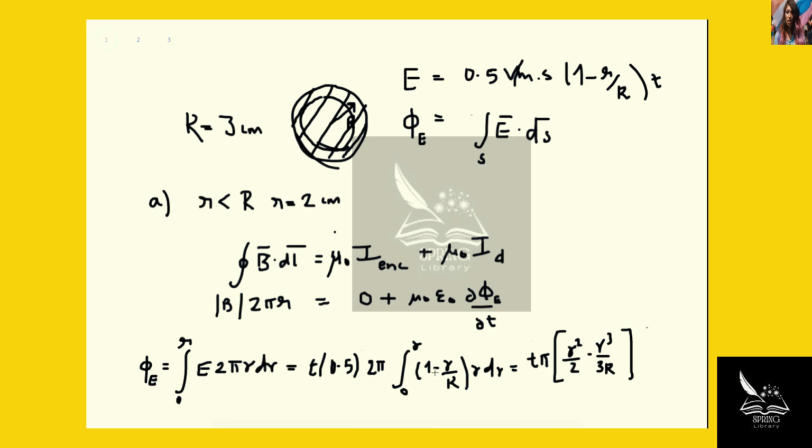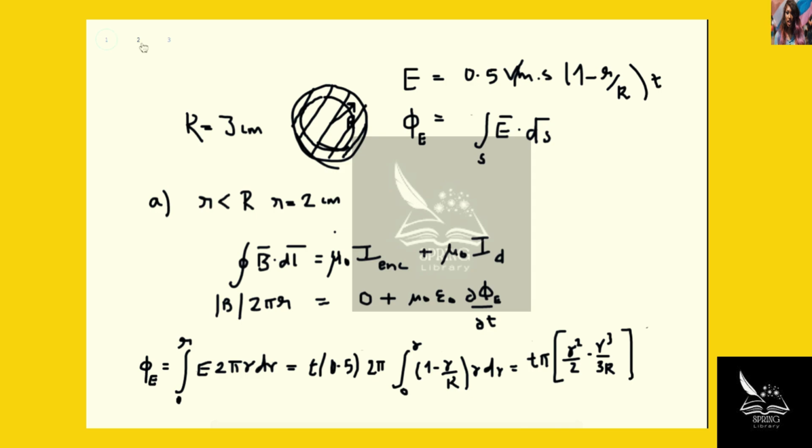Now this integral had an upper limit of small r, the radial distance. However, once we go to a distance which is outside the entire cylindrical surface over which the electric field actually exists, this electric field flux exists only within this region. It doesn't exist outside this region. So the maximum value of r that we can go is just capital R.